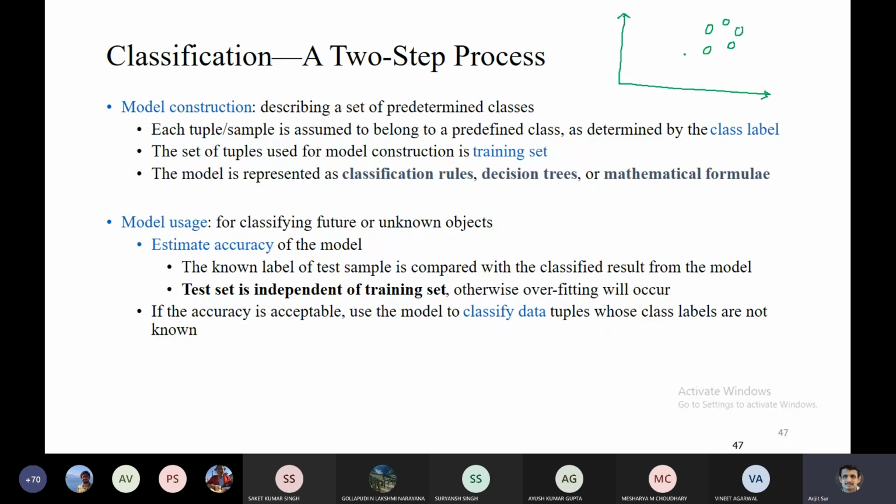Let's say these are apples, and there are these which are not apples. So these classes have been given. The set of tuples used for model construction is the training set.